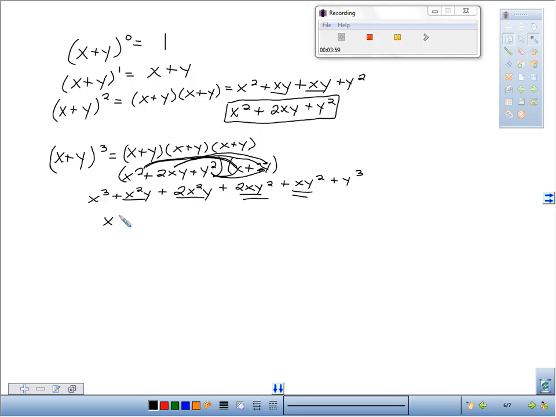I'm going to get x cubed plus 3x squared y, and then another 2 and a 1 gives me another 3, but xy squared this time, plus y cubed.